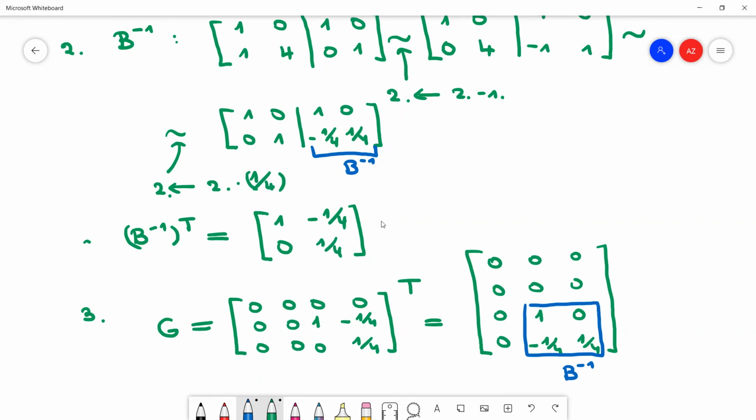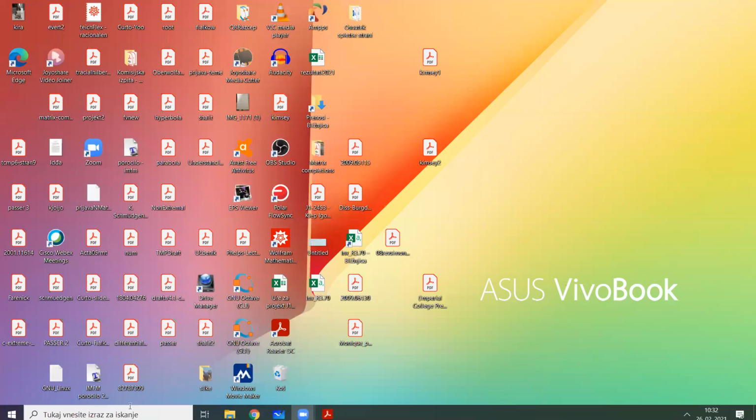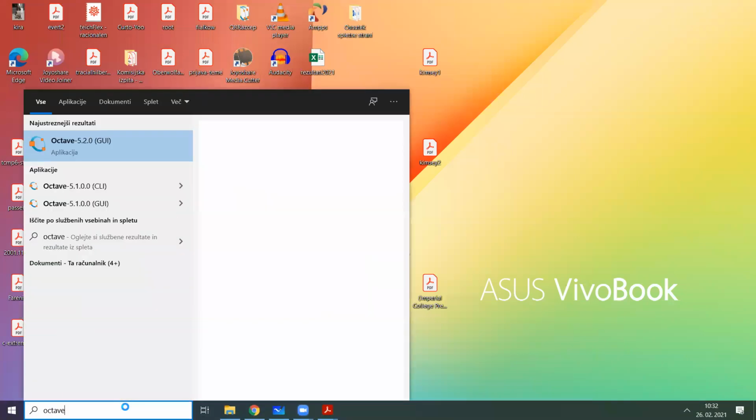And let's check if this calculation was okay with MATLAB, I mean with Octave, to make sure that there wasn't a mistake.